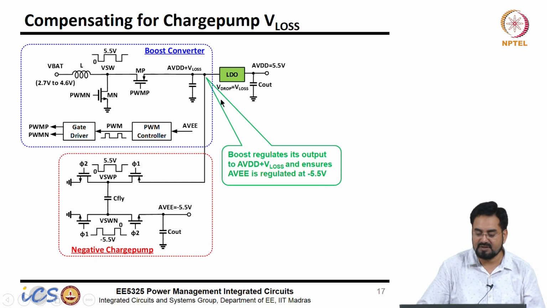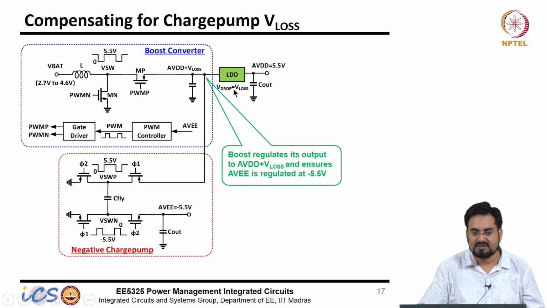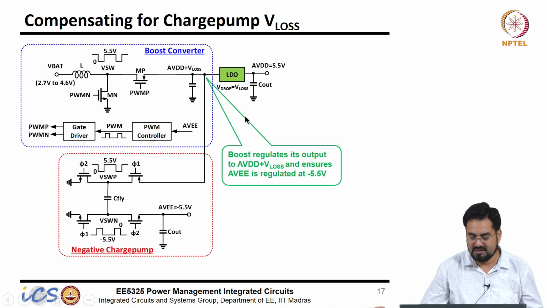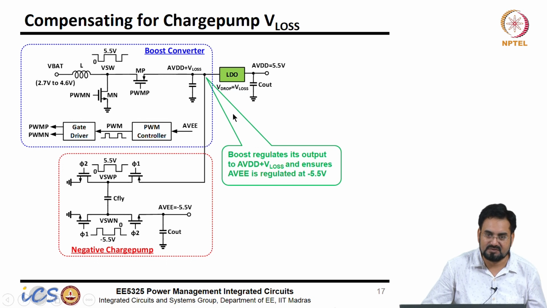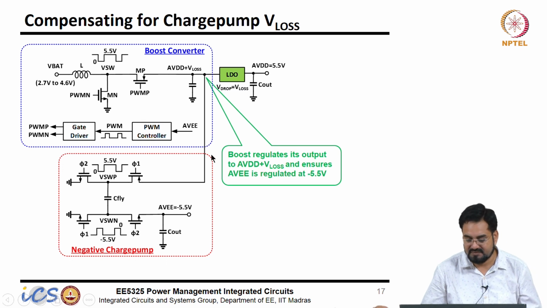Obviously 100 millivolt will be the dropout voltage in the LDO, so that will be a loss in the circuit. So your efficiency will be degraded a little bit, but if you have a requirement of exactly the same voltage on both sides, then you have to live with that. You have to sacrifice some efficiency in order to match these two voltages, positive and negative.